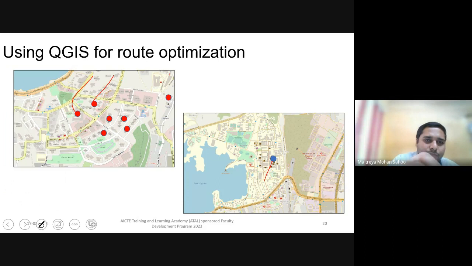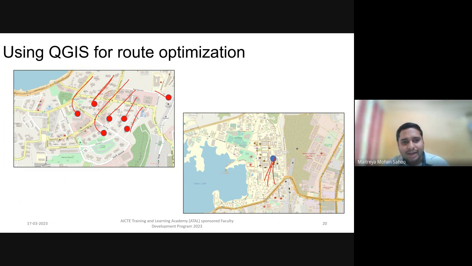Then the second point, it will give a route from the second point to the source. The third point will similarly give a route from the third point to the source, fourth, fifth, sixth, and seventh. So each of the points in the point layer will give their own shortest route and associated cost function from the source to the destination.